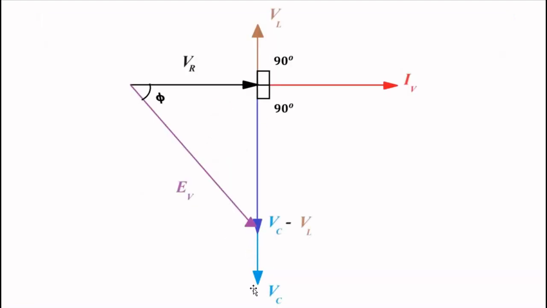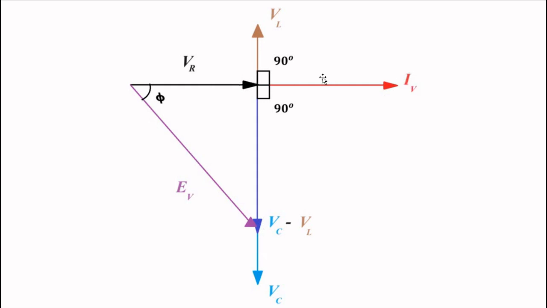So the voltage drop across the capacitor, represented by this arrowhead in the vertically downward direction, VC, will be more. The voltage drop across the inductor will be of smaller magnitude, denoted by the smaller upward arrow, and the difference between the two voltage drops is represented by VC minus VL, up to this arrowhead.